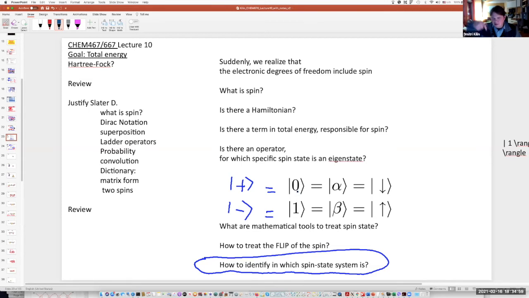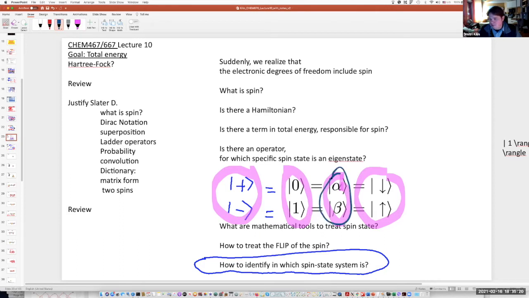So there are typical pairs of notations like plus and minus, 0 and 1, up and down, alpha and beta. And the most typical notation in computational chemistry is alpha and beta. So it's just a feature of the community.